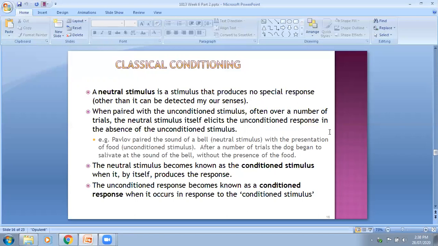So now the neutral stimulus, which was the bell, becomes the conditioned stimulus because by itself it is producing the response, and the response becomes the conditioned response because it's happening after the conditioned stimulus. So then the salivation becomes conditioned because it's happening in response to the bell. When we get to the tube, we'll do some real life examples so you can see how this works in real life.